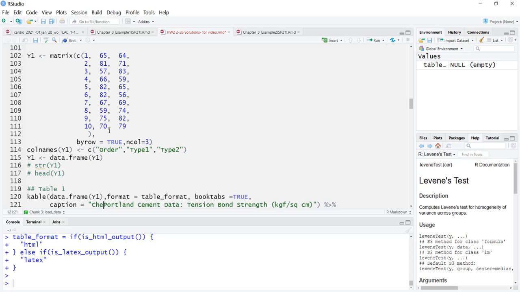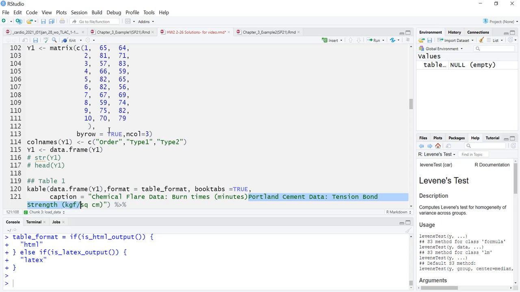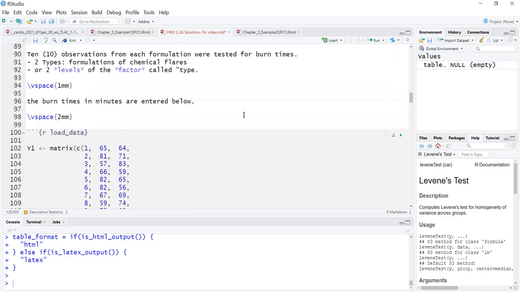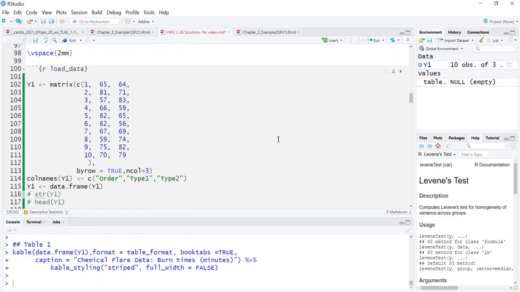So, that's all I need to change there. Now I'm going to run this.